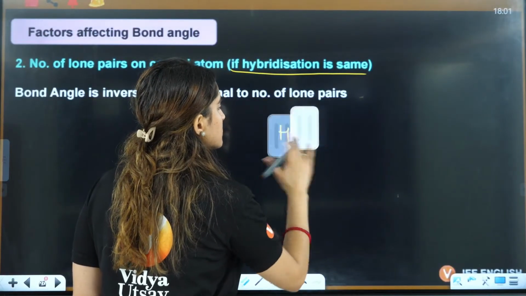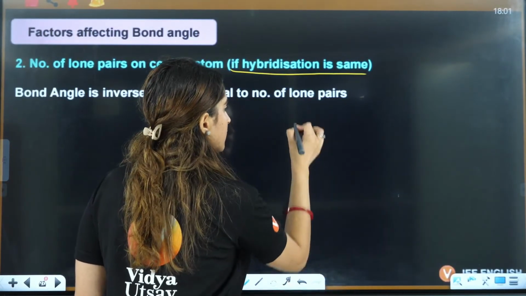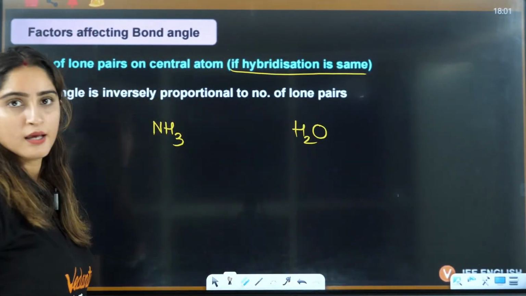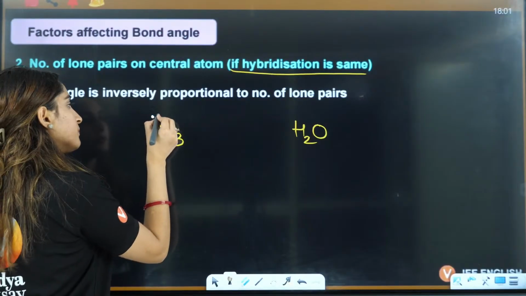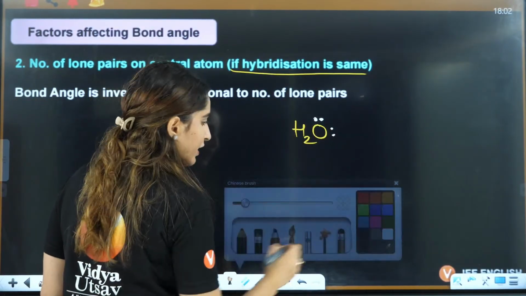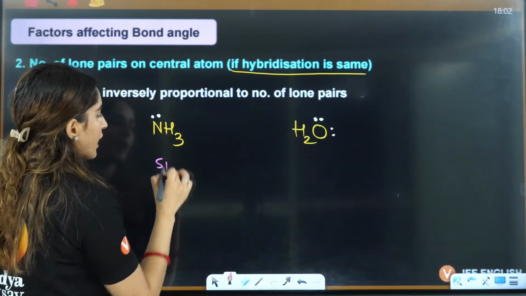Now if you see this here, it has one lone pair, it has two lone pair, right? Now we know that both of them are sp3 hybridized.